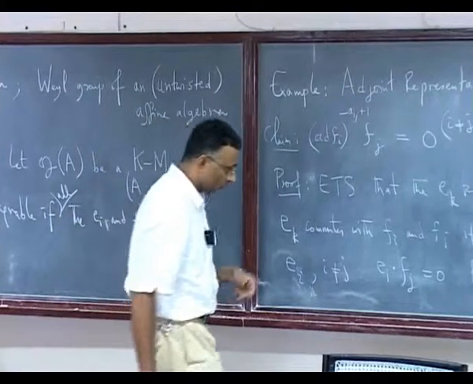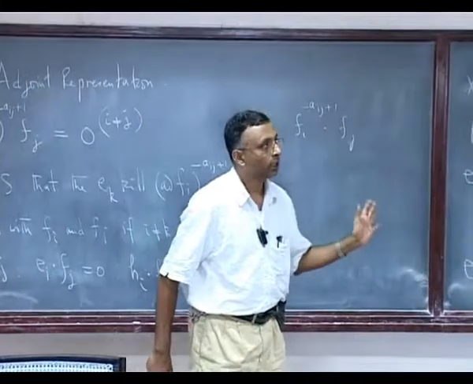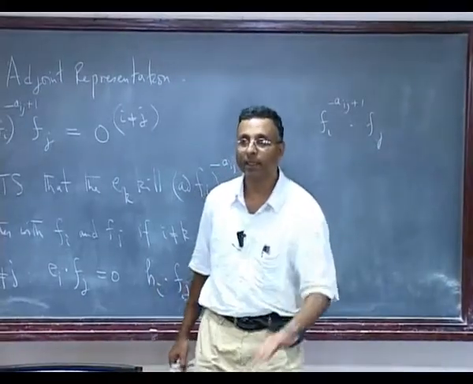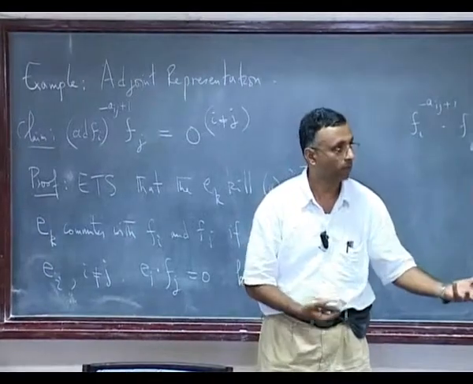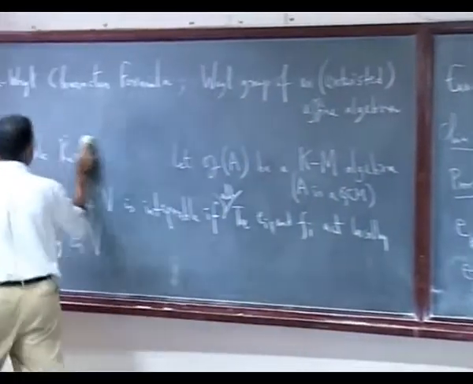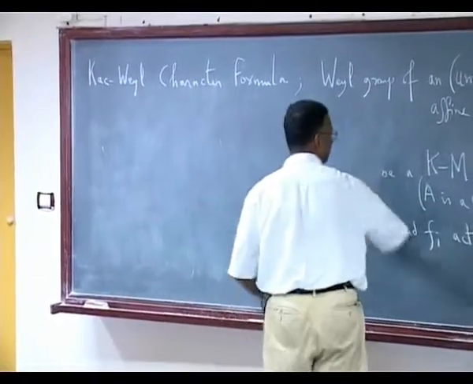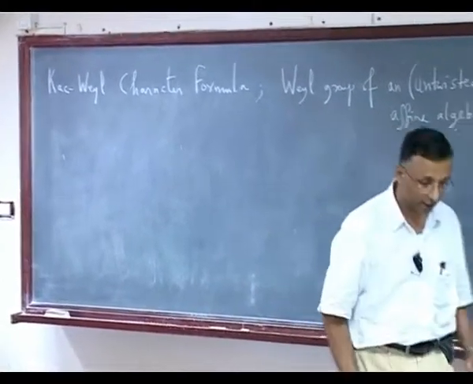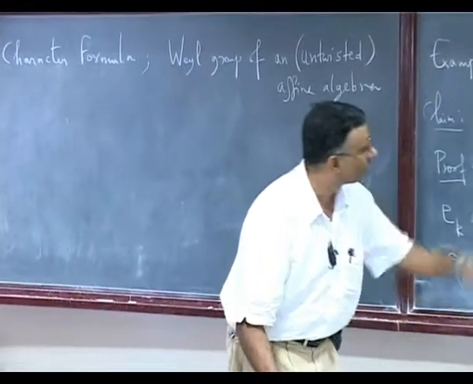For example, if on generators of the module the EIs and the FIs act locally nilpotently, then the module is integrable. Okay. It's enough to check the condition on generators. But we'll skip all that. Those are formally very easy to understand once you understand the definition and some key point. I thought this was the most interesting calculation in that proof.